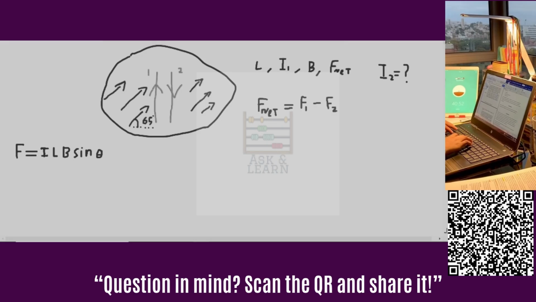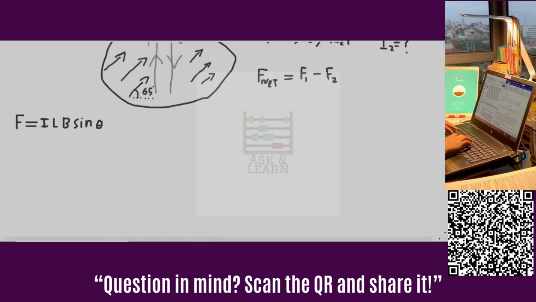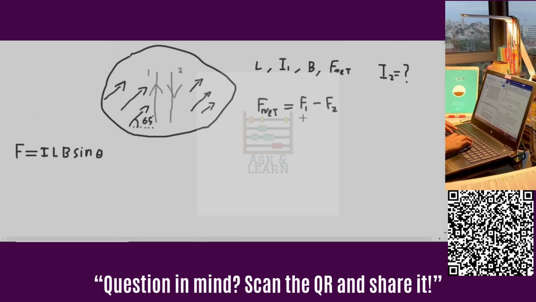And now we have to use everything that we're given to do that. So the first step here, we have everything that we need to find F1. We have the length of the first wire, we have the current of the first wire, we have the magnetic field, and we have this angle. So all you have to do is plug those in, write an equation out for F1.